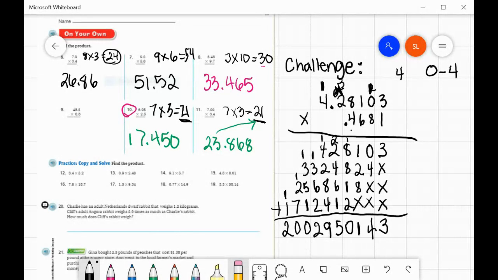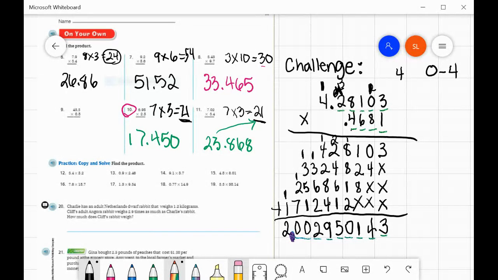All right. Now we're going to count all the digits behind the decimal points in these numbers. So we have 1, 2, 3, 4, 5, 6, 7, 8, 9. So we're going to count 1, 2, 3, 4, 5, 6, 7, 8, 9, and the decimal is going to go in front of that last digit.